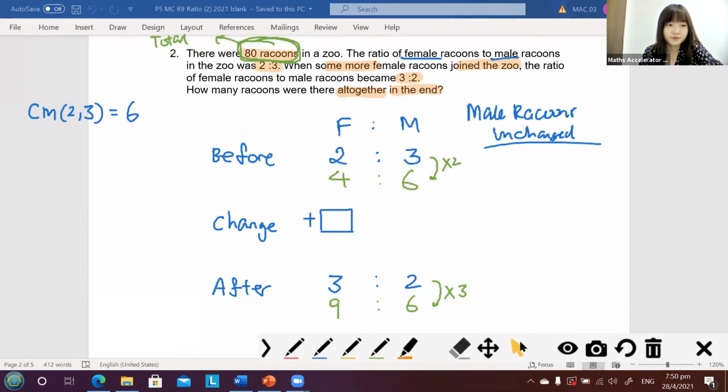Here, I ask again. Total is 80 raccoons. How many units do you think it represents? This total at first. I see some wrong answers also. Let me repeat again. Do you use the blue ratio or the green ratio? Which one is the correct ratio you should use? Blue or green?